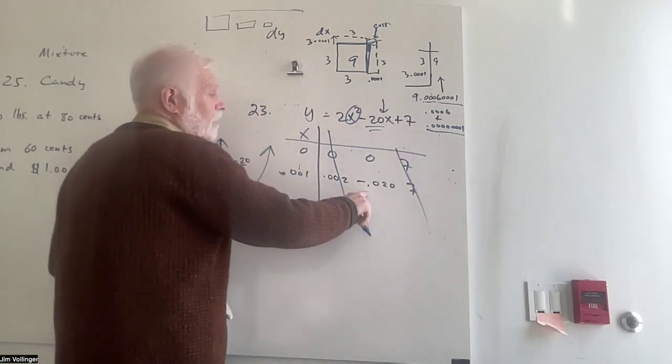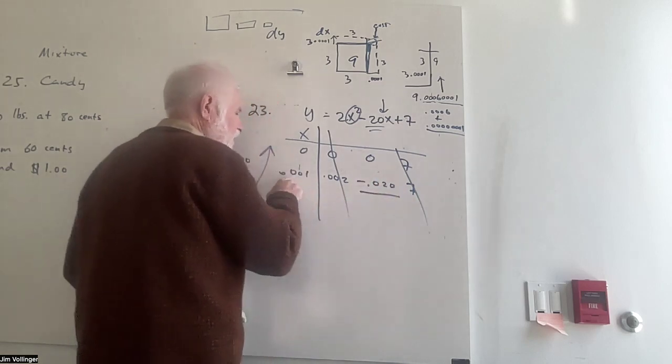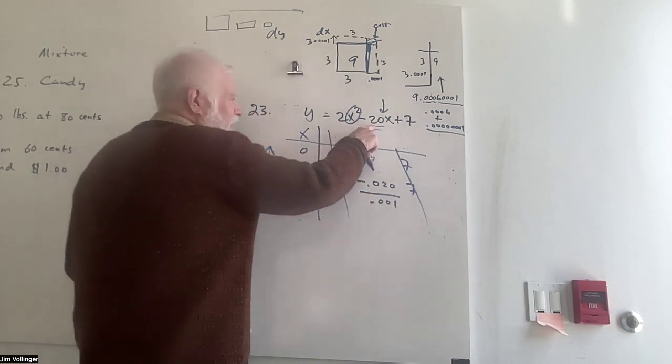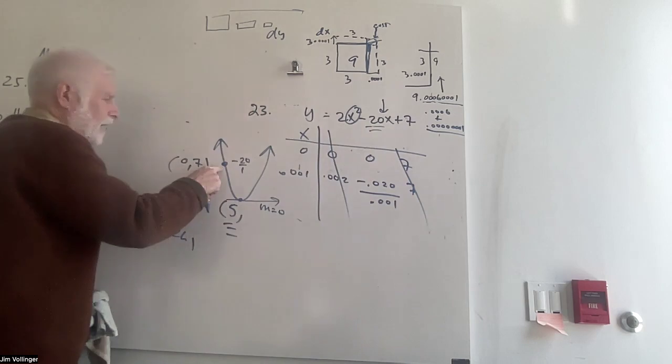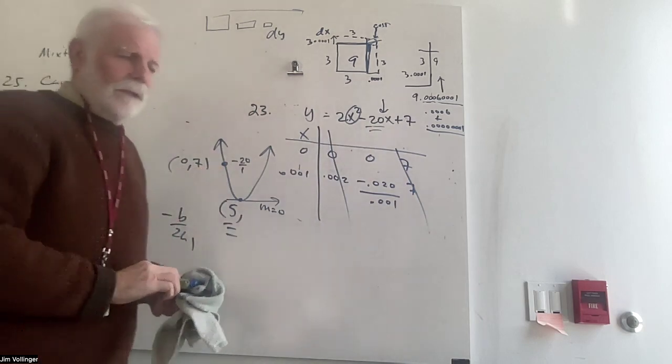The change is negative 0.020, and if I divide that by 0.001, I get a feel for going down at 20-to-1 at the y-intercept. All right, so that gets us going.